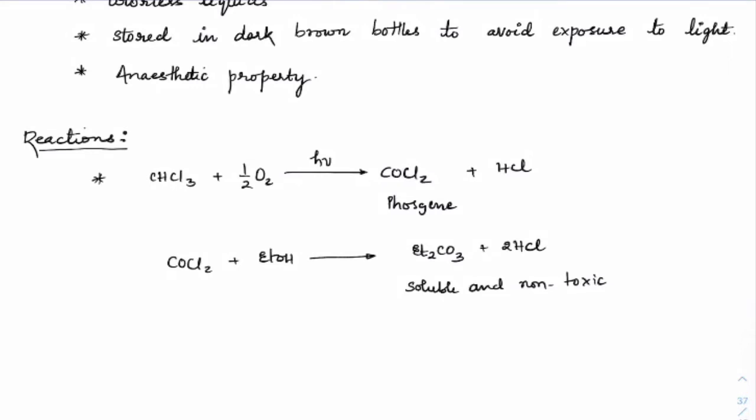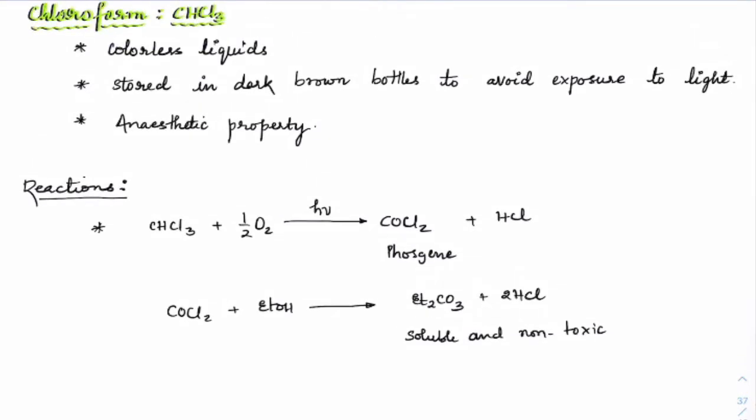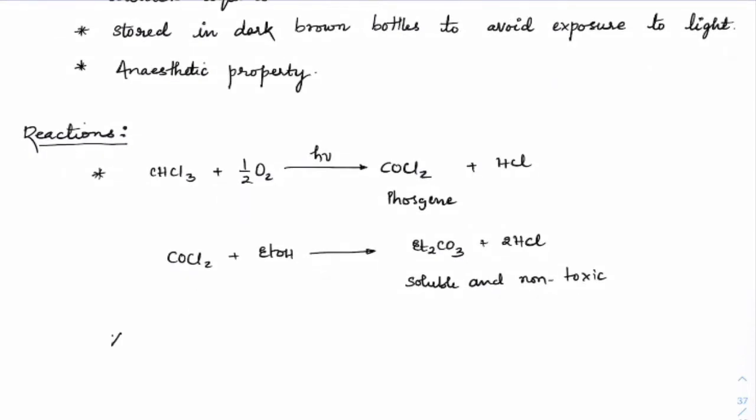So whatever small amount of phosgene is forming, we eliminate it by using ethanol. So in short, 1% ethanol is added to chloroform to remove the toxic substance. Please make a note of this.